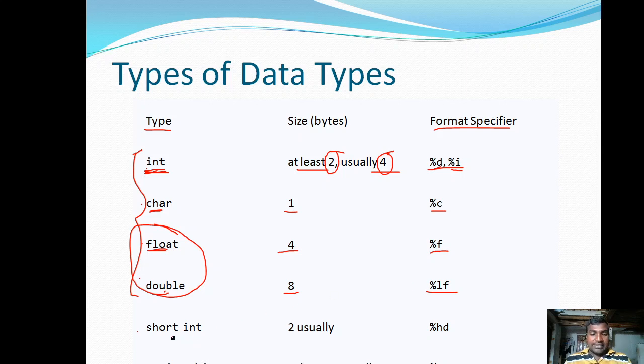Next, short int. Short is one keyword and int is one keyword. The int data type handles integers, and short int also handles integer values only, but it restricts the size. The number of bytes allocated for a short int data type is 2 only, whereas int requires 4 bytes.